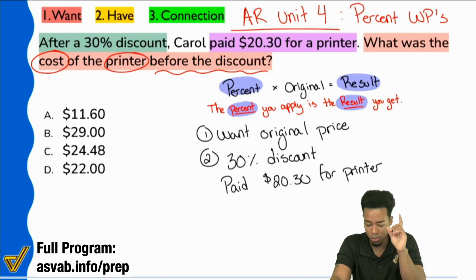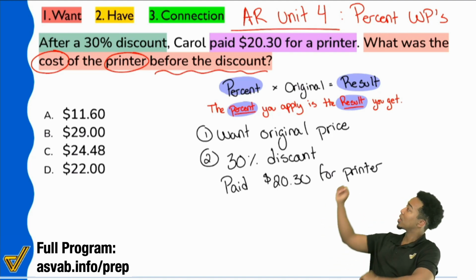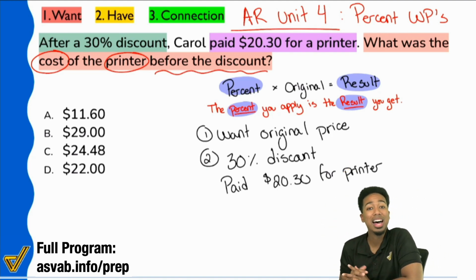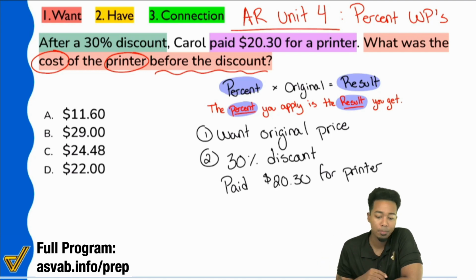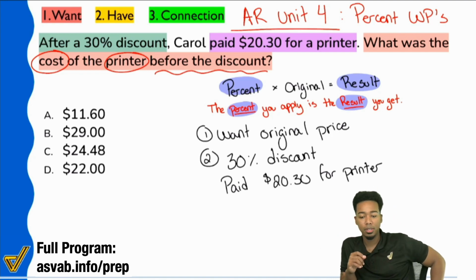But everybody, please do me a favor. Write it into the chat box. That main idea that I wrote down right there: the percent you apply is the result that you get. Write that down in the chat box, please and thank you, and then we will continue. I need to make sure that you guys have written that down and understand that, and I'm going to show you how to apply it.